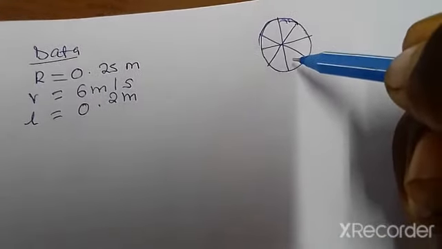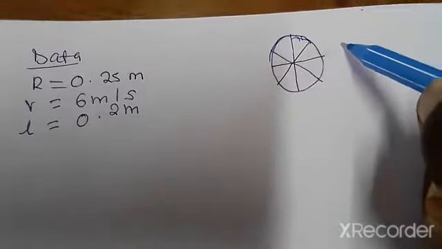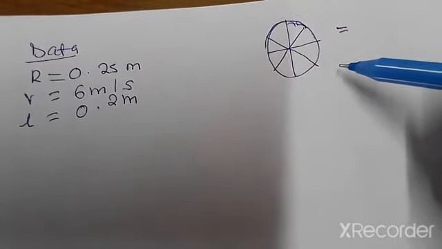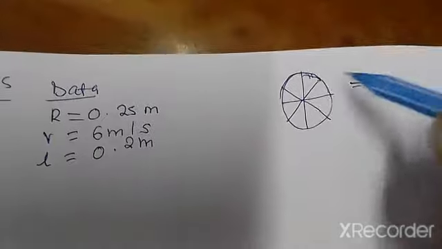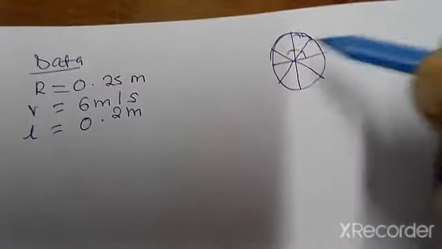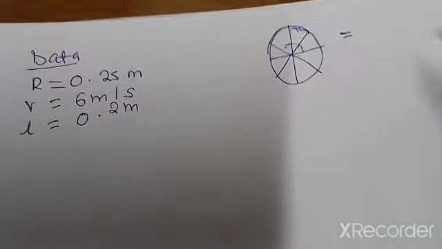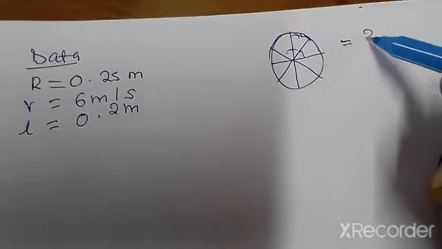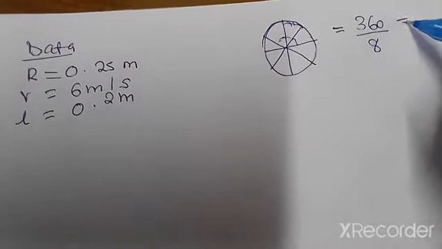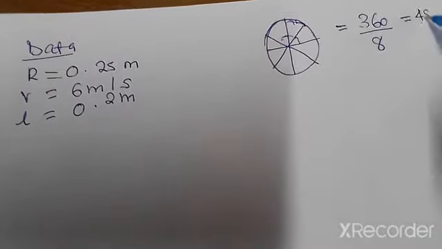So we can say that the angular displacement between spokes will be equal to 360 divided by 8, which gives us 45 degrees.